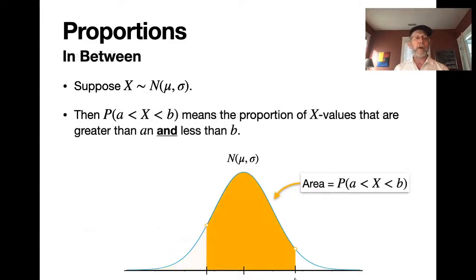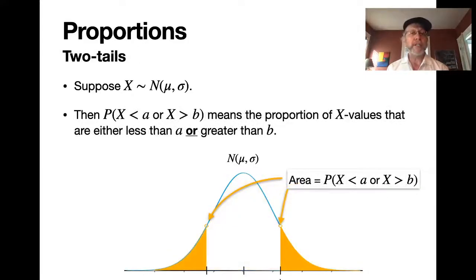It's also very common to calculate in-between proportions. So what proportion of x values lie in between a and b? Well, those would be x values that are both greater than a and less than b. And so you see the symbol there, P(a < X < b). And there it is in the graph, and that area would be equal to the proportion.